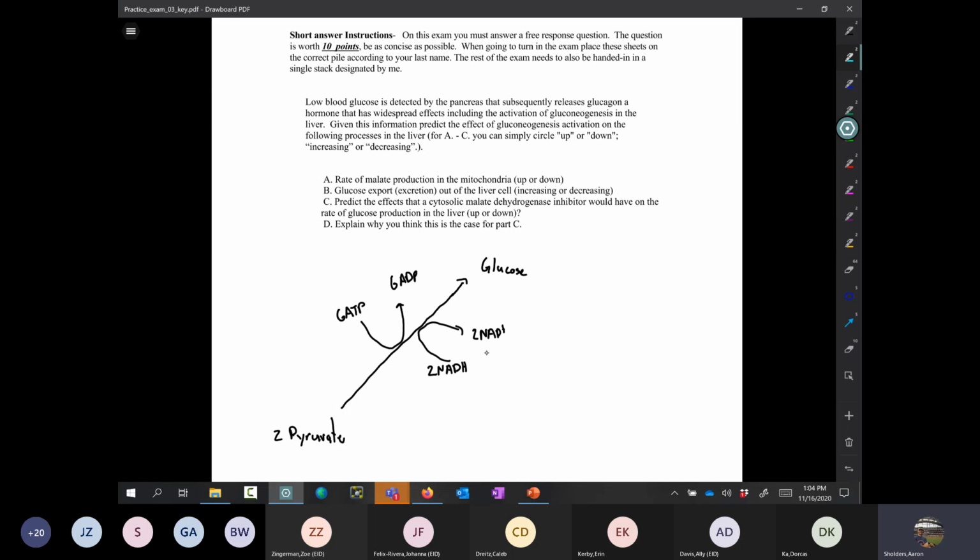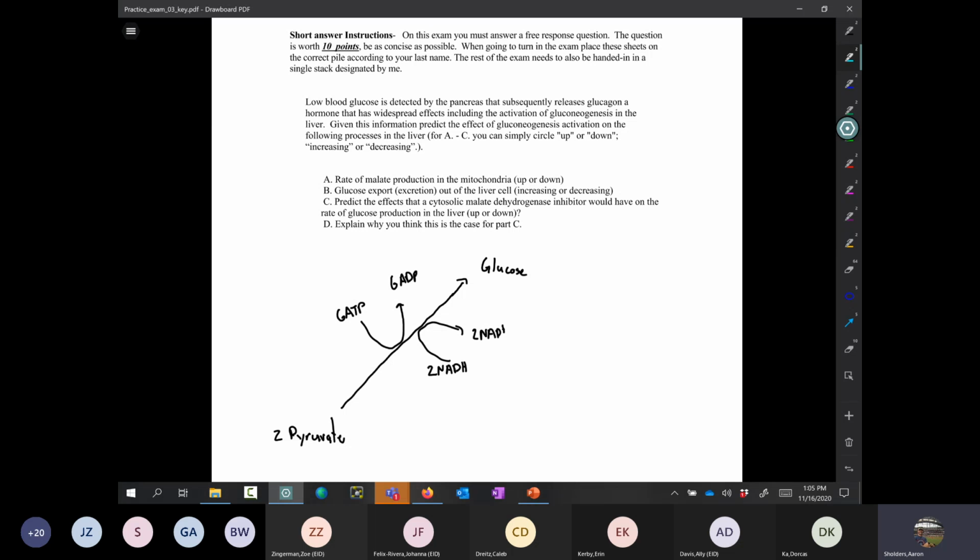With glycolysis, we looked at 3 different ways for the cell to recycle NAD+: lactate fermentation, the malate aspartate shuttle, and the glycerol 3-phosphate shuttle. All 3 of those recycle NAD+ back to the cytosol.